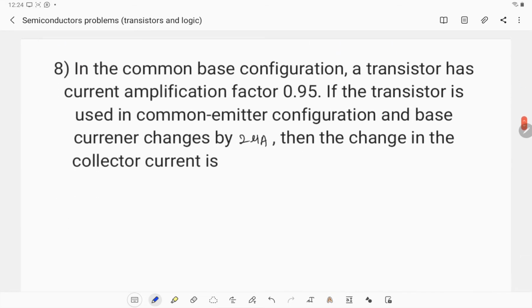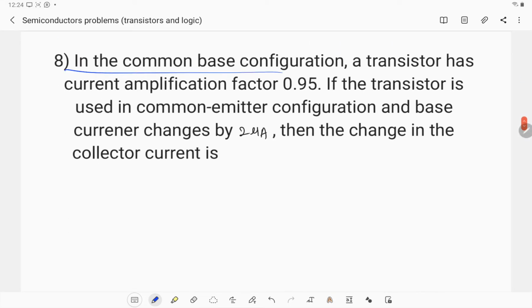Next, problem number 8. In the common base configuration, a transistor has current amplification factor 0.95. Current amplification when it is less than 1 is nothing but alpha. Alpha is equal to 0.95.